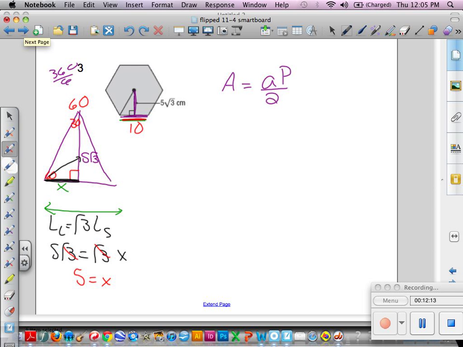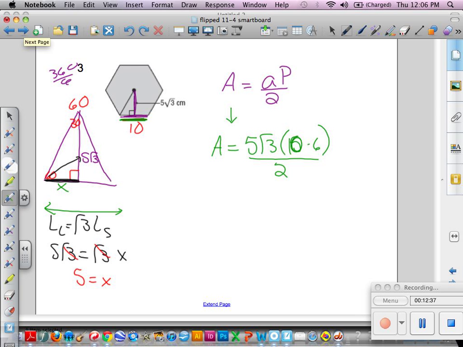So now I'm going to go ahead and use my formula to find the area. I need my apothem, which is 5 root 3. I need my perimeter. I've got 10, I've got 10, I've got 6 sides, so I'm going to times it by 6. That's going to get me 60. And I'm going to divide by 2.